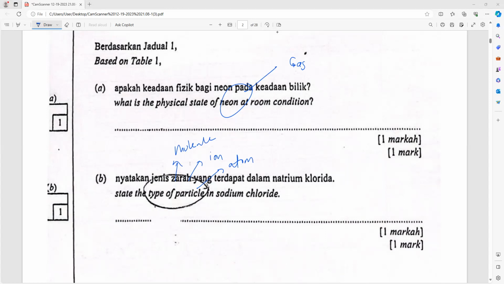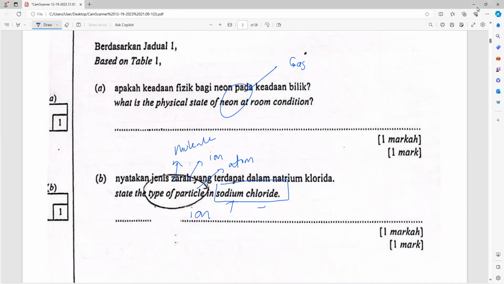If you don't feel like talking, you can write in the chat. Okay, so sodium chloride, one is positive, one is negative. So what do you think my type of particle is here? Ion, very good. Yes, it is an ion.